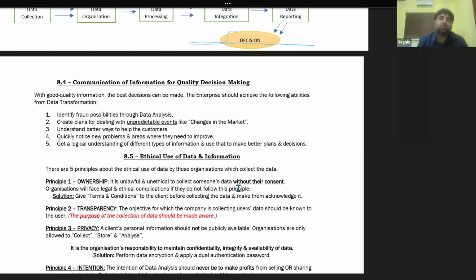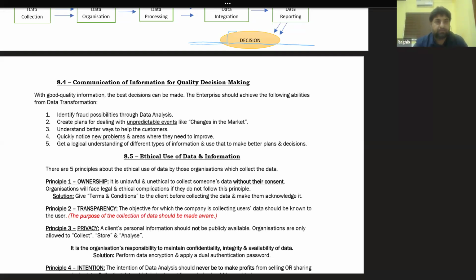So, how is it going to affect us in the market? How is good information going to help us in the long run? That is what is being mentioned in topic 8.4, communication of information for quality decision making. With good quality information, the best decisions can be made.